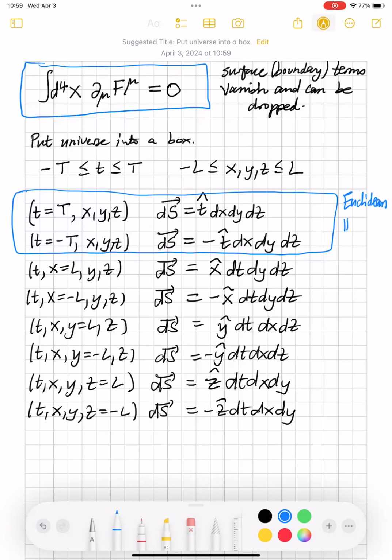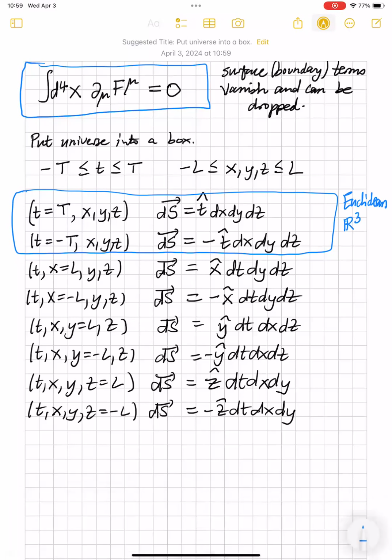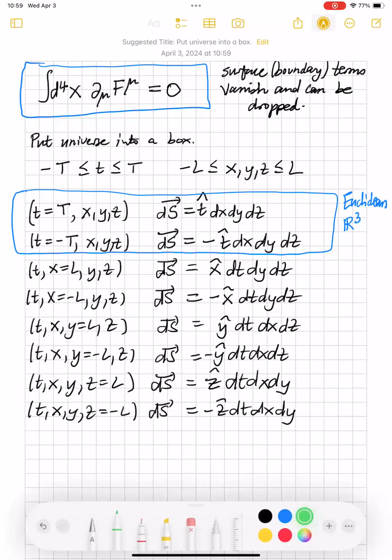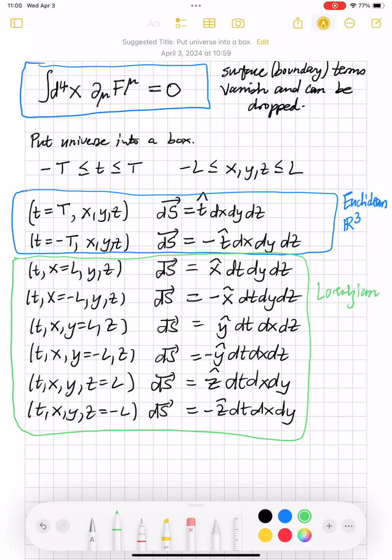So we're just integrating over R3 when we integrate over those two sides of the box. When we integrate over these 6 sides of the box, you see, these volume elements include dt. So we're actually integrating over a Lorentzian space with 1 time and 2 space directions. So 6 of the sides of this box include time, and 2 of the sides are just purely spatial.